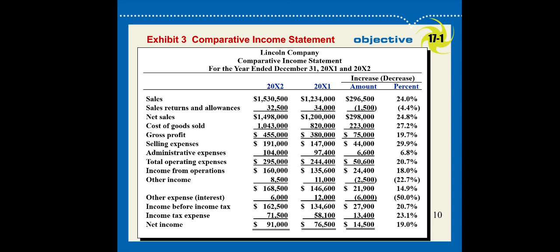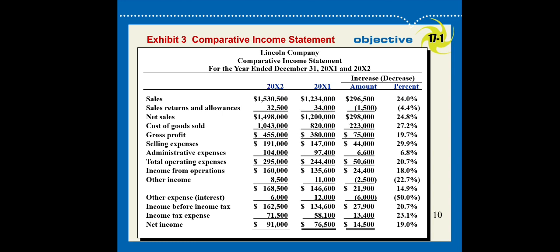We cannot say that is a good thing, because if a business is good, then if the sales or revenue increase by 24%, the profit must increase at least equal to 24% also. For this business, the sales increase by 24%, but the increase in profit is only 19%. That is not good.